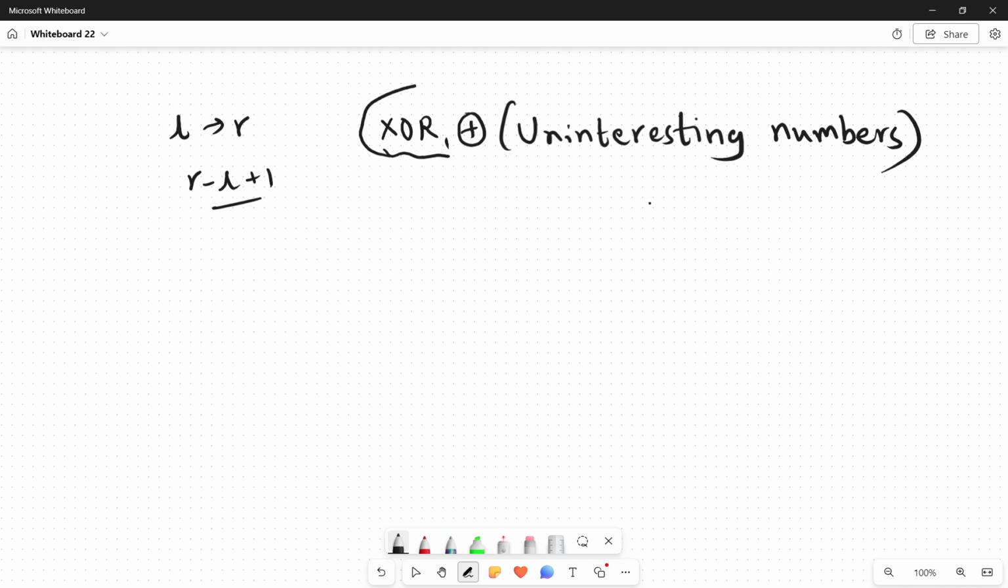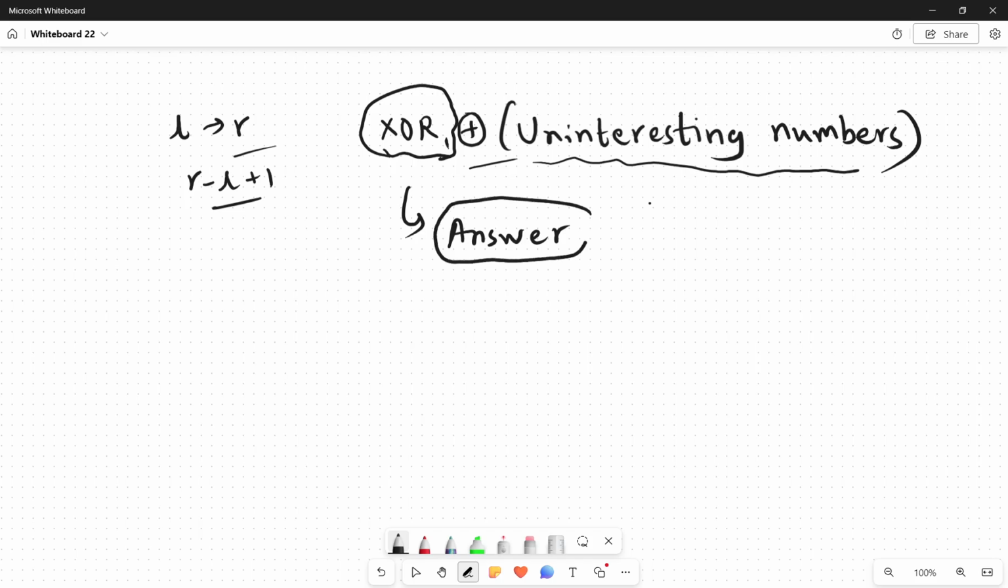So this is the XOR of all the numbers possible from L to R, and if we take XOR with all the uninteresting numbers from L to R, we should get our answer to be output, right? So this is one observation that we can make.